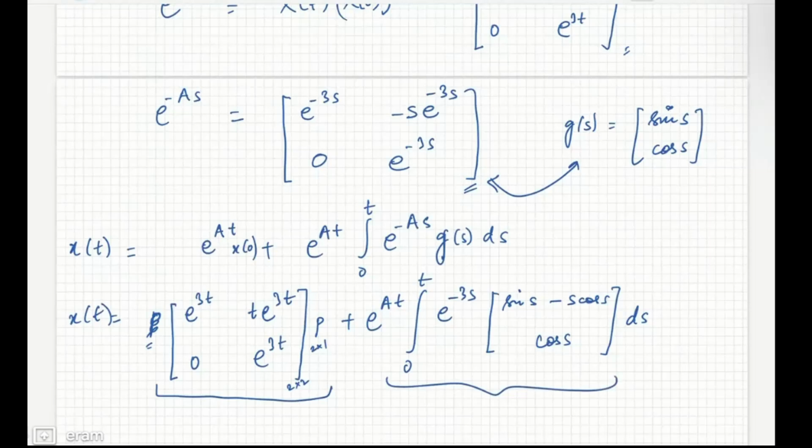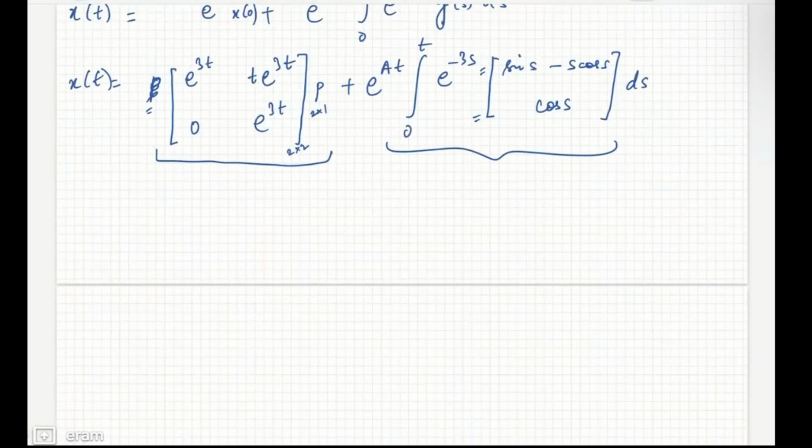This term needs to be calculated by doing the integration, and then we have to put the limits, and after doing everything we will get our solution x(t). So how will we do this integration? Obviously it's a column vector, so we can do the integration individually for the upper term and then for the lower term.